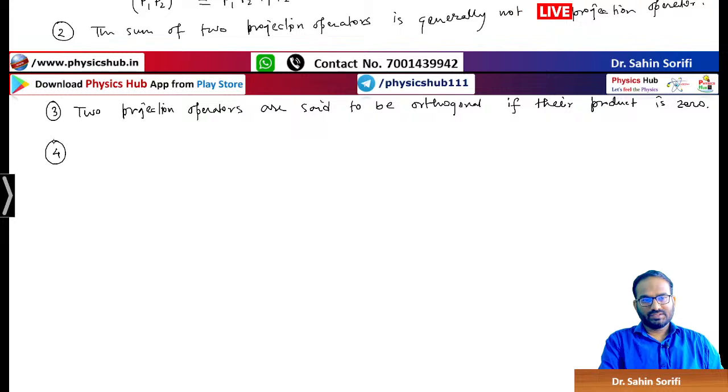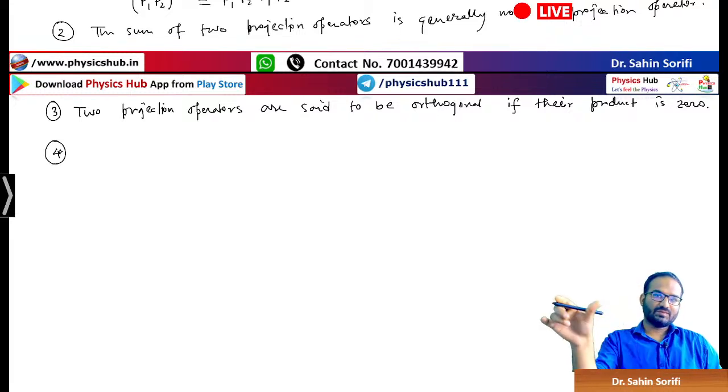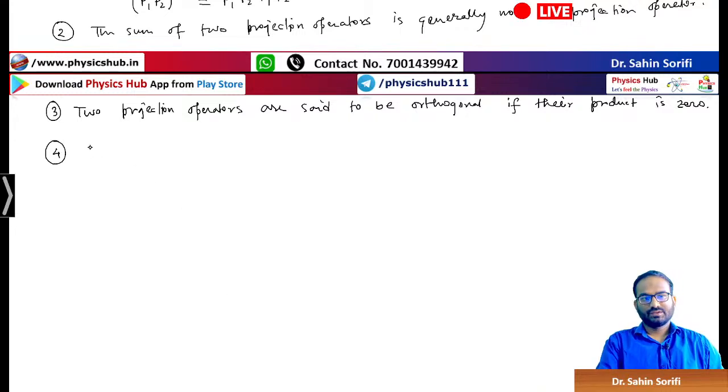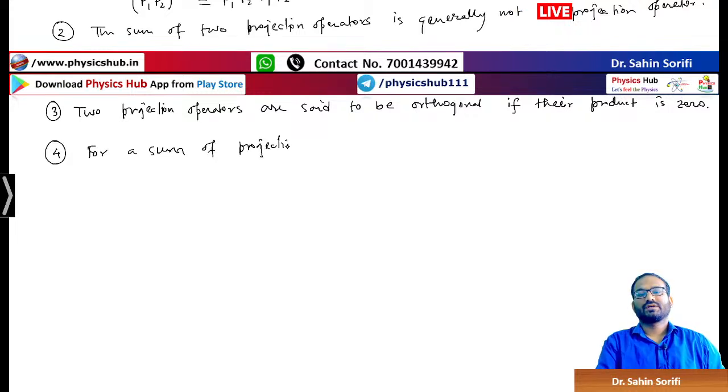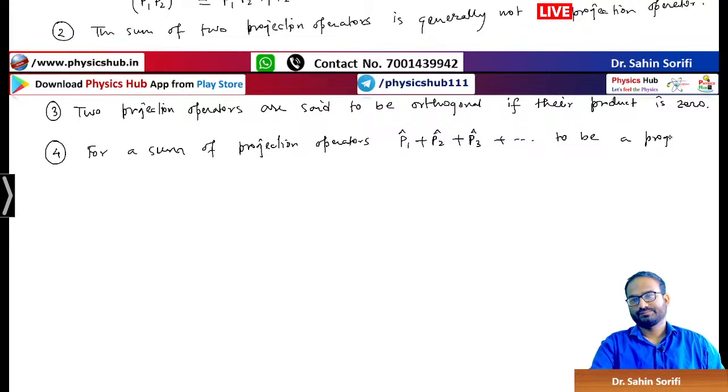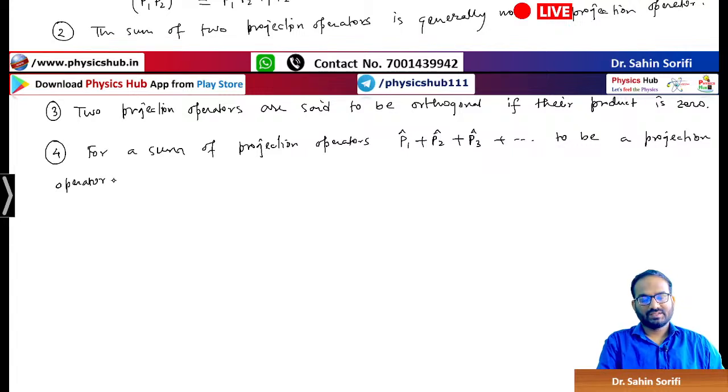Now what is the condition under which a sum of projection operators will be eligible for being called a projection operator? So for a sum of projection operators, let's say the sum of P1, P2, P3 and so on, if you want to call it a projection operator, what criteria should it follow?